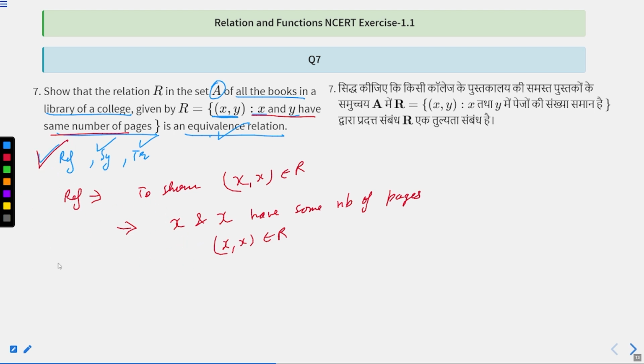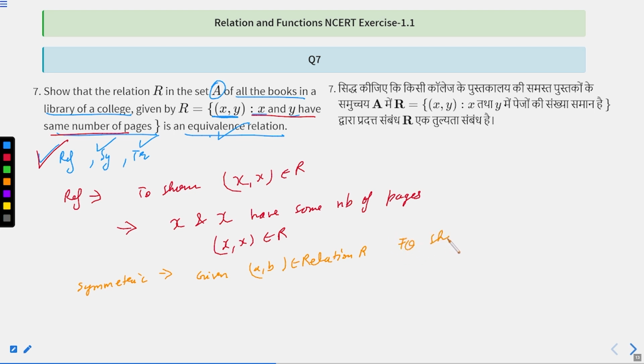Now symmetric. For symmetric, what are we given? We are given A comma B belongs to the relation R. Then what do we need to show?